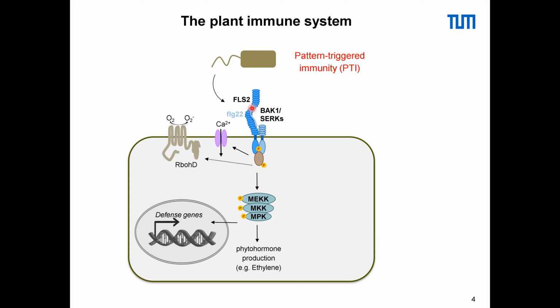So in response to flg22 binding to FLS2, a rapid ligand-induced receptor complex is formed, which activates downstream signaling events, such as, for example, the influx of calcium ions into the plant cell, the production of reactive oxygen species, the activation of downstream kinase cascades, which ultimately results in a transcriptional reprogramming of the plant cell, and also in the production of, for example, phytohormones involved in immunity, such as ethylene or also salicylic acid. And this all together confers pattern-triggered immunity to fend off most invading pathogens.